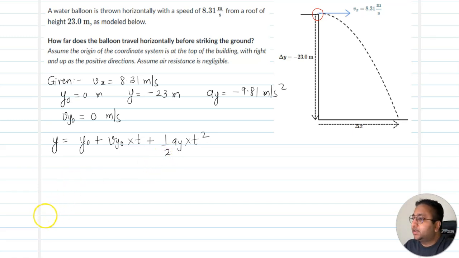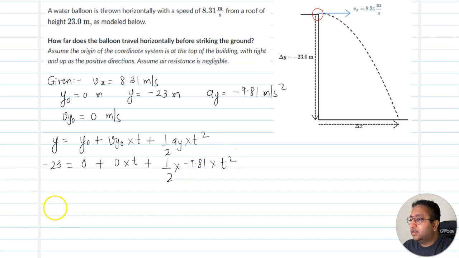Now I will just enter the data that is given to us and which I have also written over here. So that will be minus 23 is equal to y0, which is 0 because that is at the origin, plus the initial velocity y component, 0, into t, plus 1 by 2 into ay, which is minus 9.81, into t square.